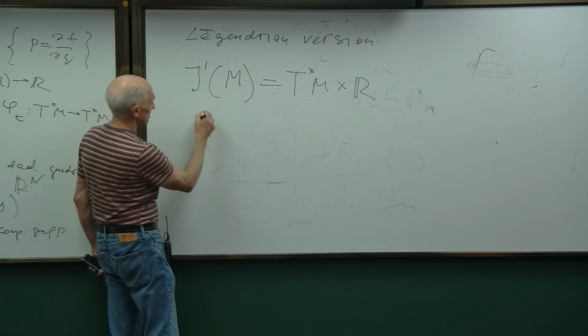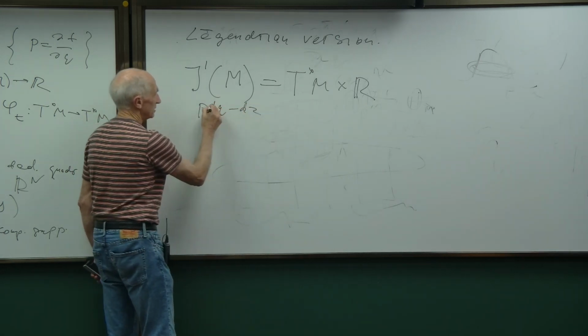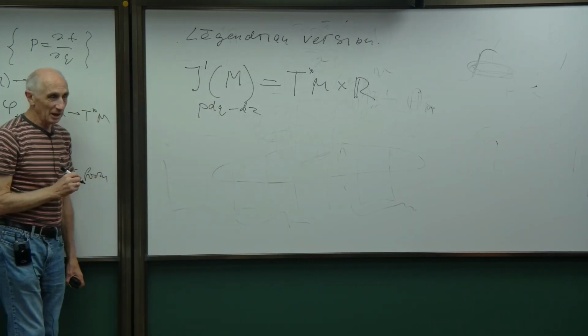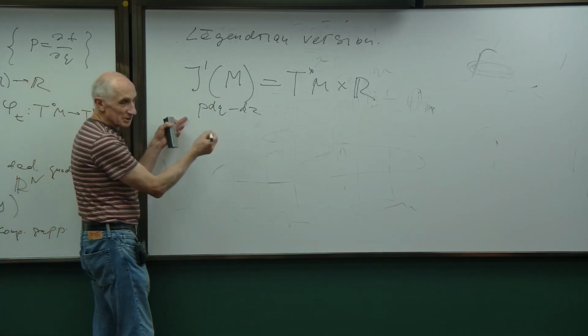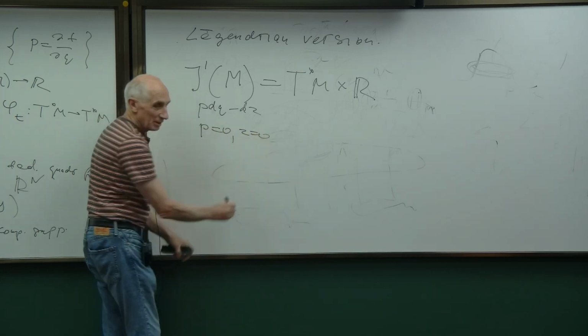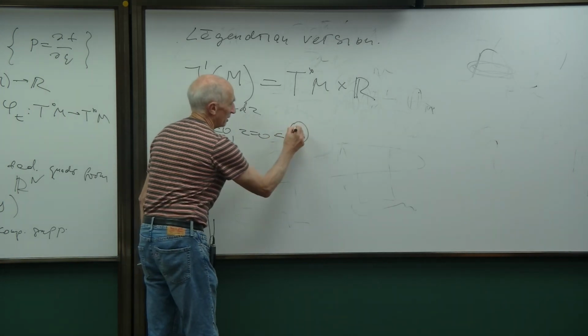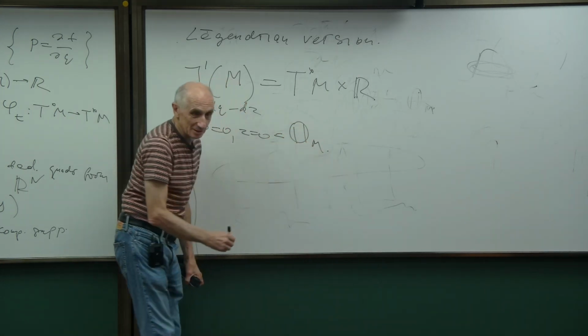Now there is a contact form here, say p dq minus dz, and there is a zero section, which is p equals 0, z equals 0. Let's call it 0_M, this one.